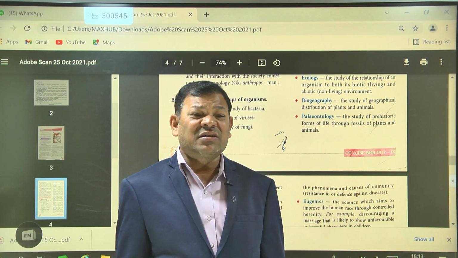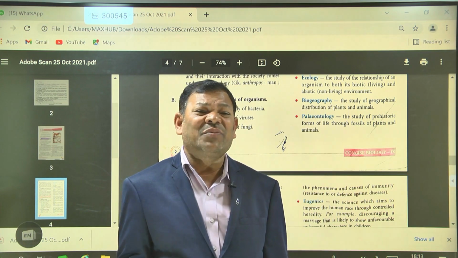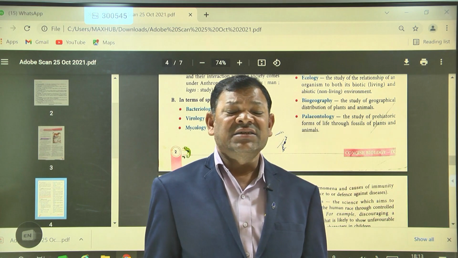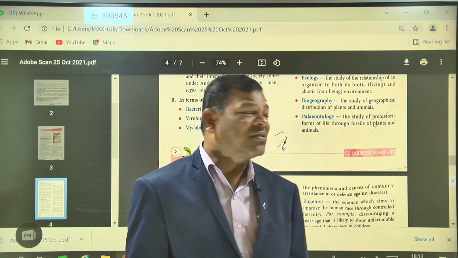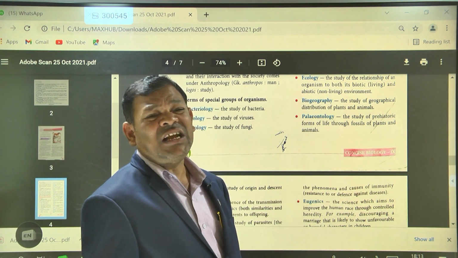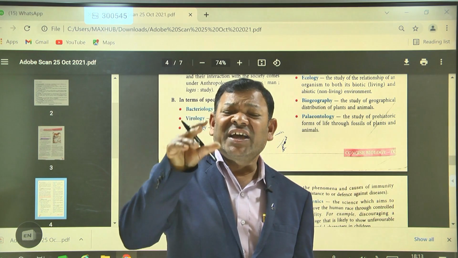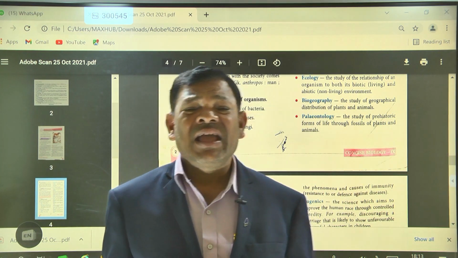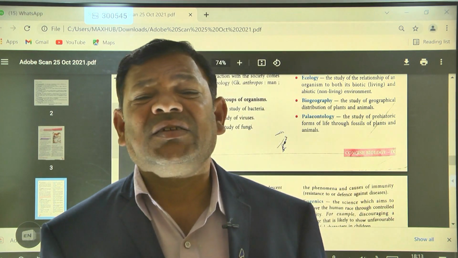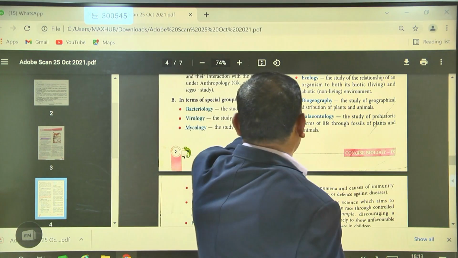Bread is spoiled because of fungus. Most fungi are multicellular organisms, except yeast, which is a unicellular organism. Keep that in your mind.